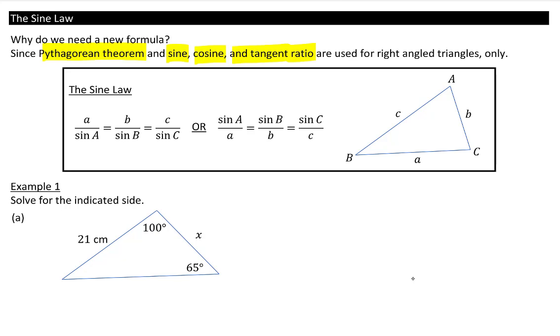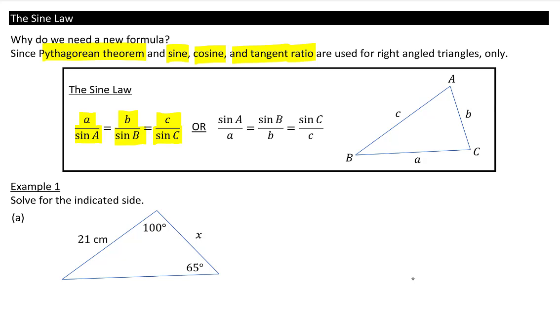The sine law states that if you take side A and divide it by the sine of angle A, that's the same thing as side B over the sine of angle B, which is the same thing as side C over the sine of angle C. Those are what we call equivalent ratios.